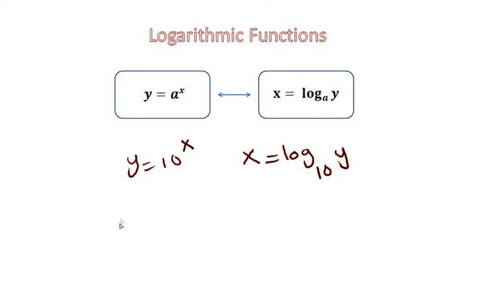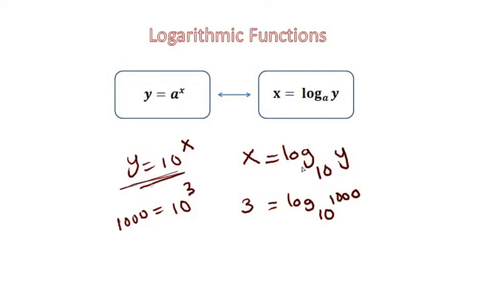For example, 1000 is 10 to the power of 3. So 3 equals log base 10 of 1000. 10 to the power of 3 equals 1000. So the logarithmic function is a different way to represent the exponential function.